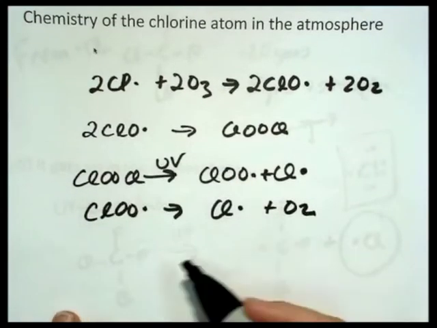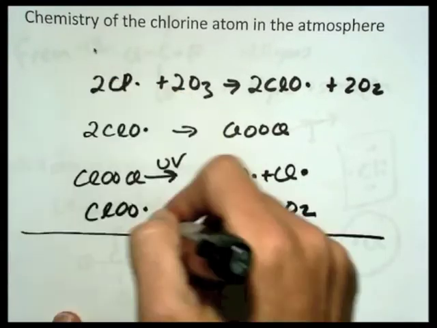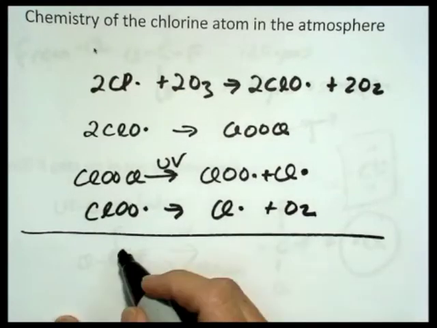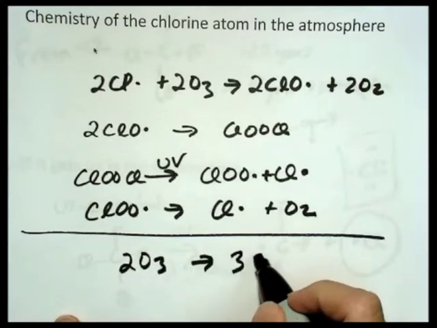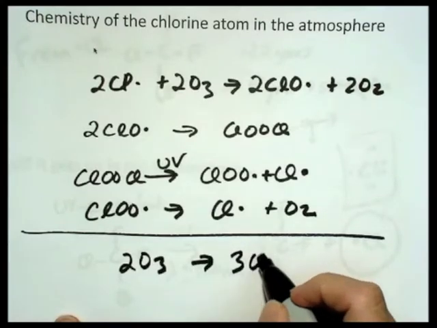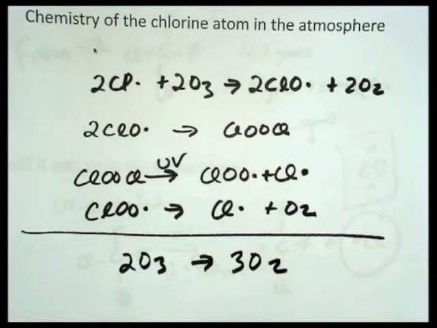Okay, and so all of these equations net out. This complicated system nets out. If you add everything on the left-hand side with everything on the right-hand side, it nets out as 2 ozone molecules being broken down to 3 oxygen.